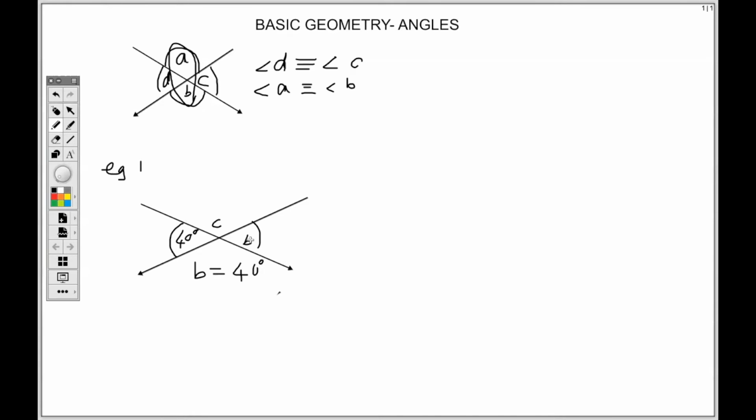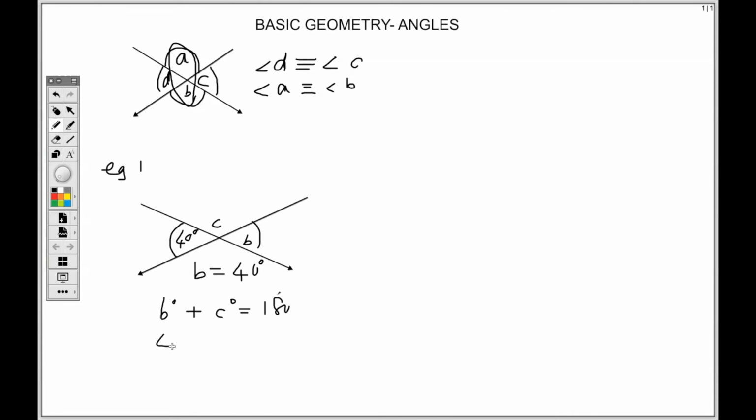So this angle plus angle C should give me 180. So angle B plus angle C should give me 180 because angles on a straight line add to 180. Please note, you could have used these two because this is a straight line, and this also adds to give me 180.